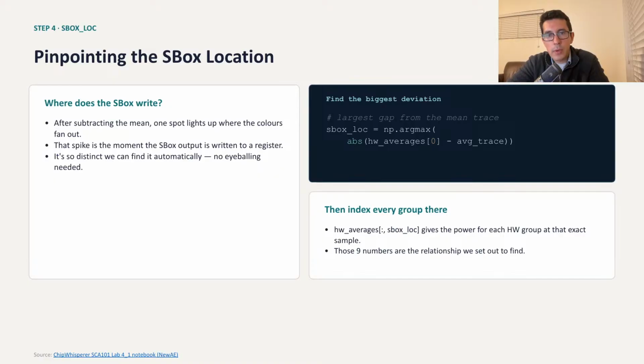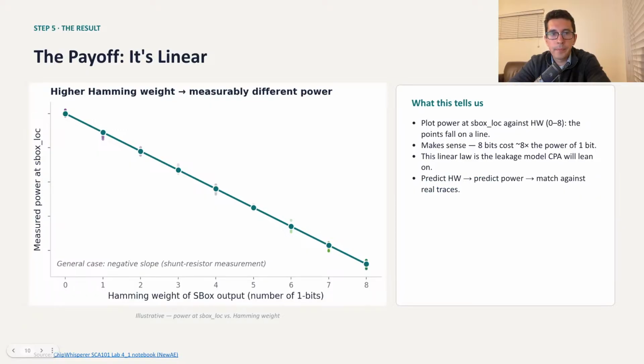For each Hamming weight group, we can then read the Hamming weight averages, to get the measured power at that exact moment the SBox output hits the bus. Now we take those 9 values, the measured power at SBox location for Hamming weights 0 through 8, and plot them against Hamming weight.